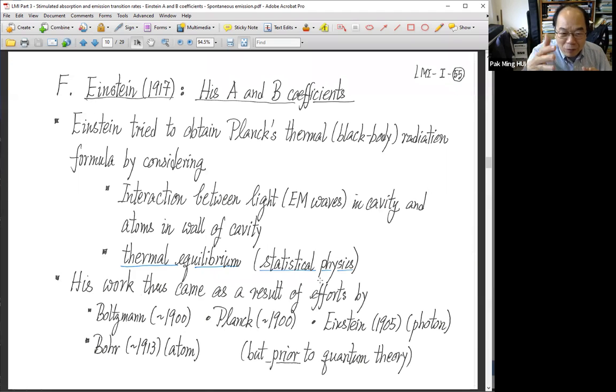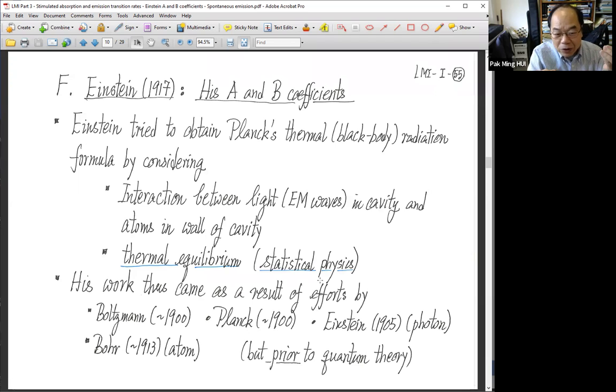And it is a very insightful story that we will go back in time to Einstein's time. So he developed a way to get at Planck's blackbody formula, in which he actually proposed a new phenomena at his time called stimulated emission.